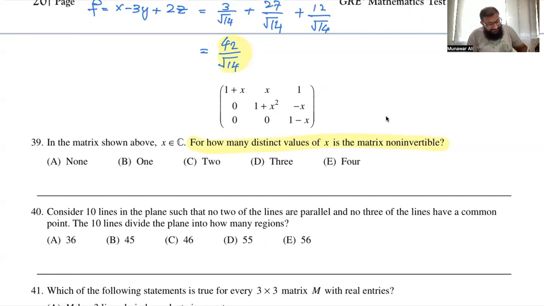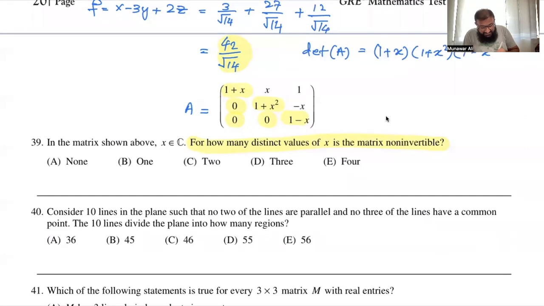Simply, since this is upper triangular, the lower entries are 0. So the determinant is only the product of these diagonal entries. Let me name this matrix A. Determinant of A is 1 plus x, 1 plus x square, and 1 minus x.